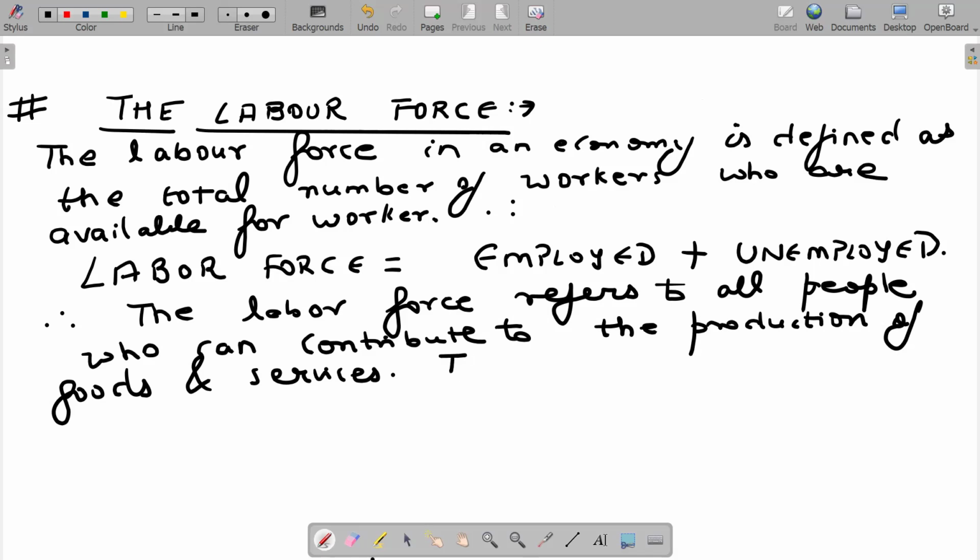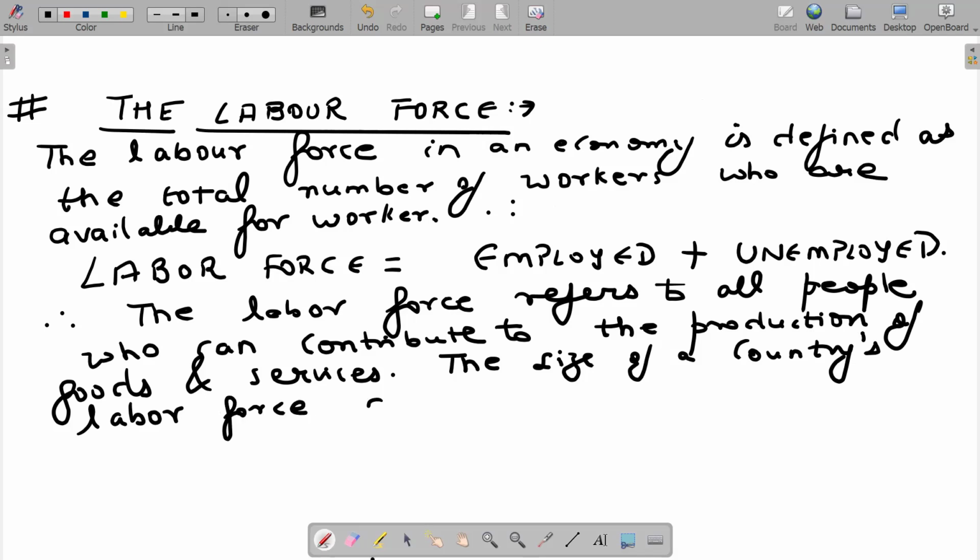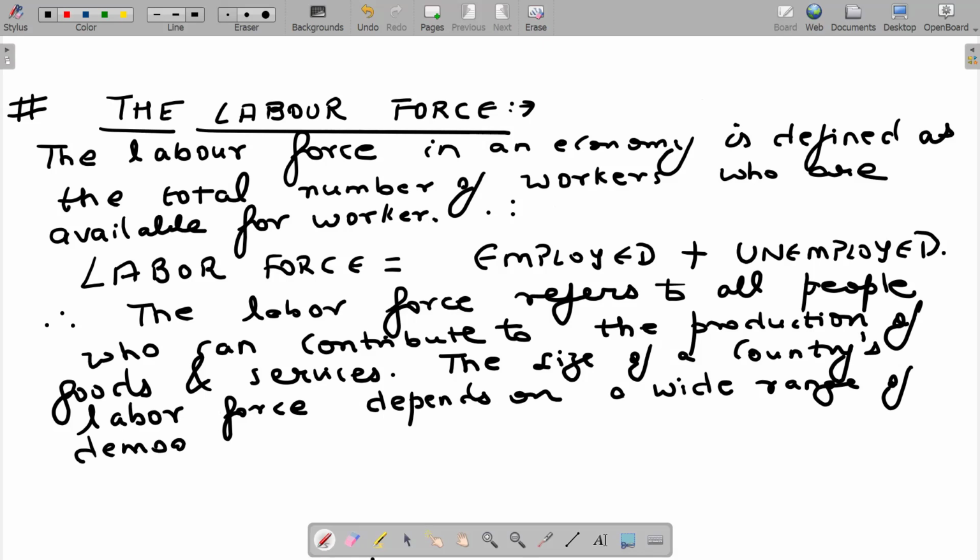So students can write: the size of a country's labor force depends on a wide range of demographic, economic, social, and cultural factors.